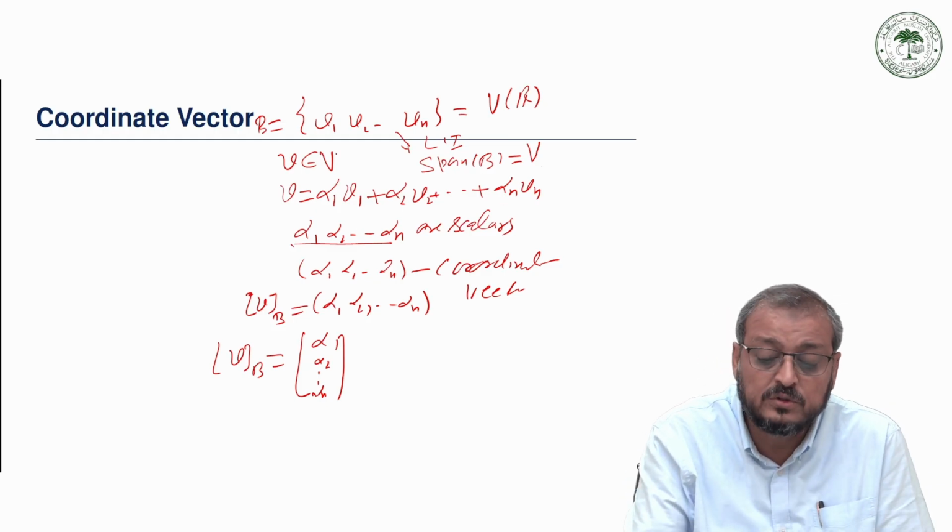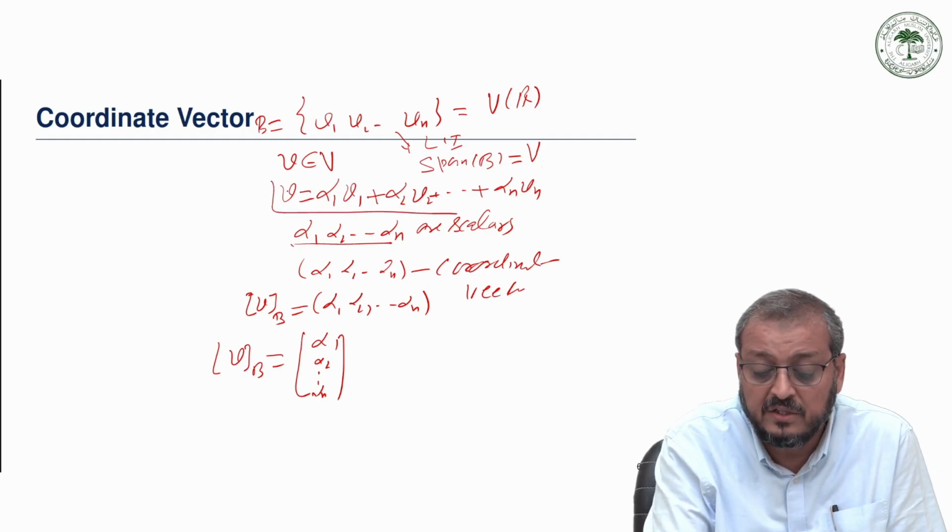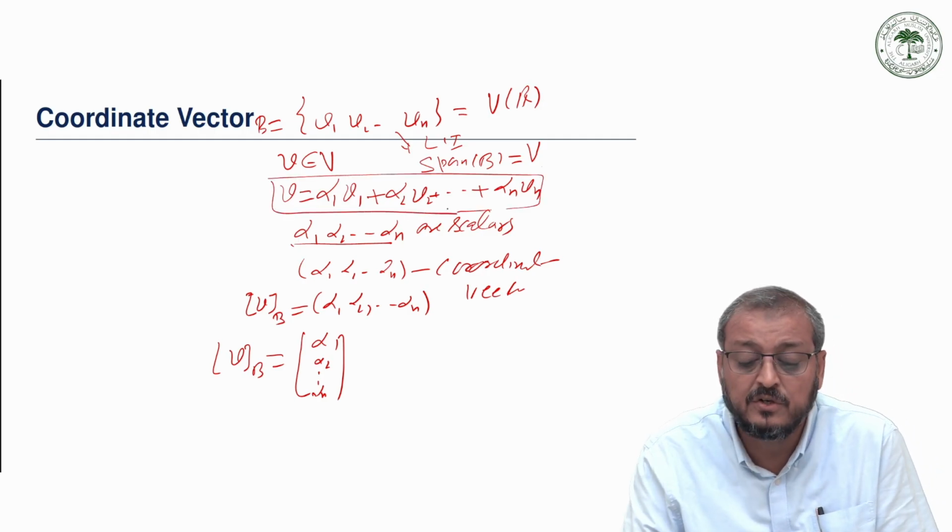If we choose another vector, then a particular vector v can be written uniquely as a linear combination of these.